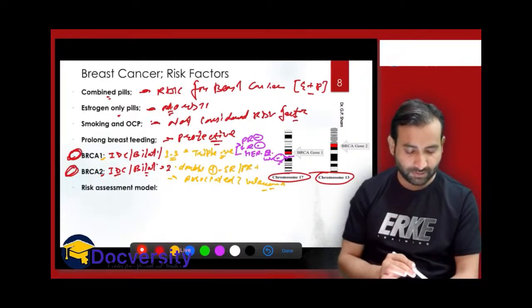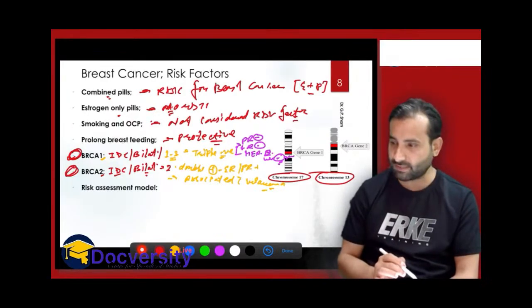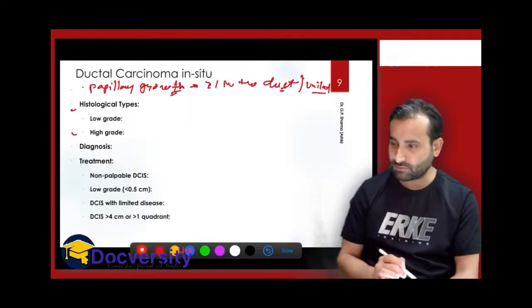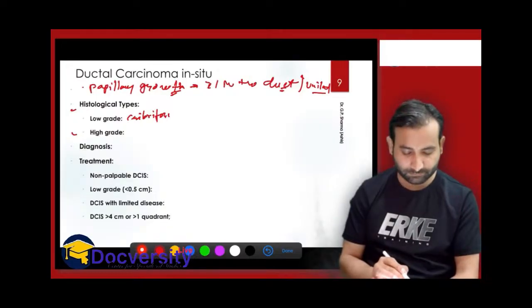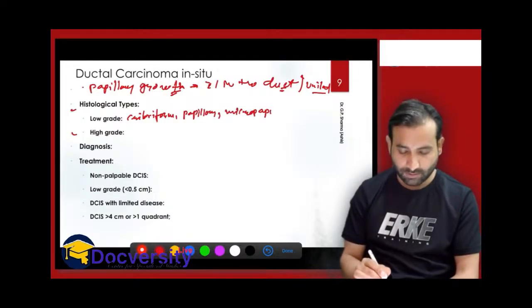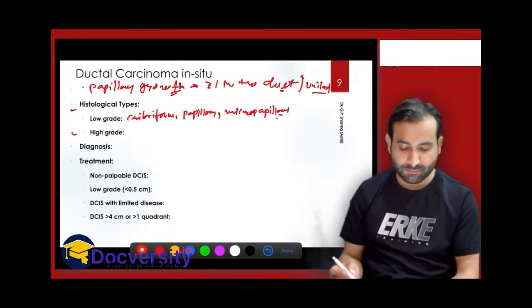For the histological type, we have the low grade and then the high grade, right? For the low grade histological type, we can remember cribriform, papillary and micropapillary. How can you remember this one?